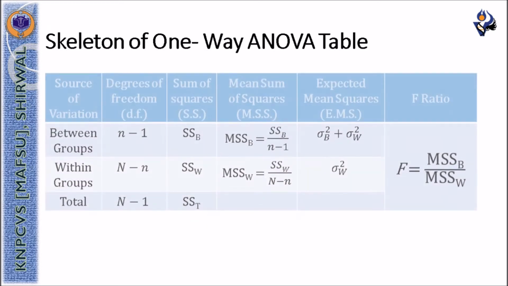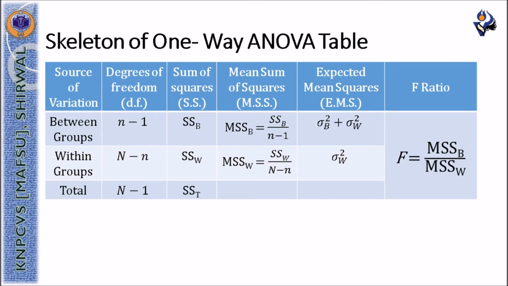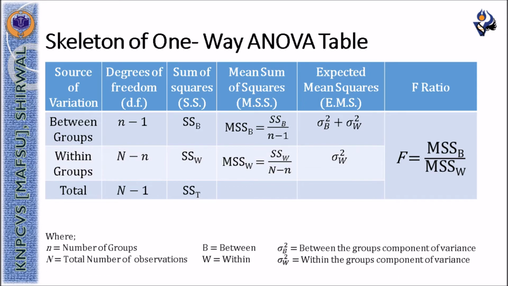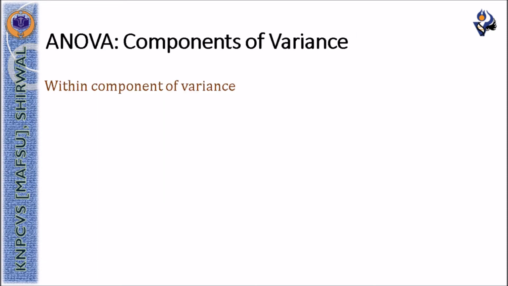The skeleton of one-way ANOVA table is composed of various columns such as source of variation, degrees of freedom, sum of squares, mean sum of squares, expected mean squares, and F ratio, where B stands for between and W stands for within.